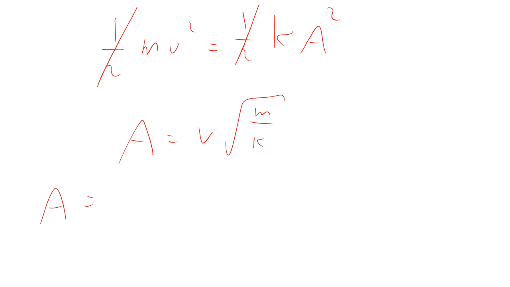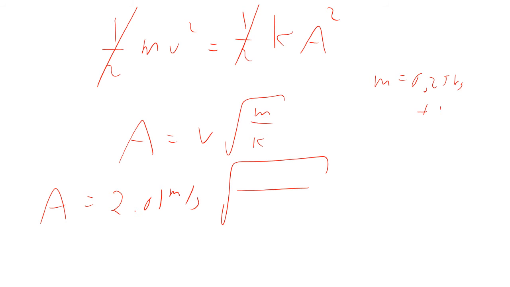And so A is going to be 2.01 meters per second times the square root of, now the total m, in this case the m is going to be the total mass, because this is what's moving. So that's the 0.25 kilograms plus the 1.55 kilograms.